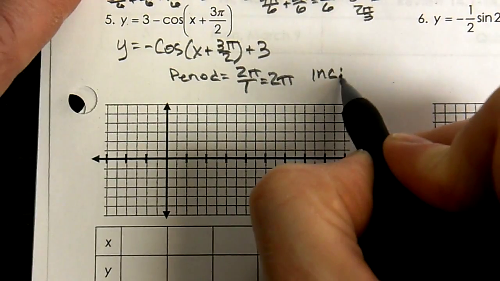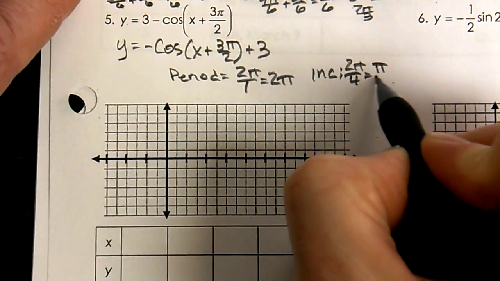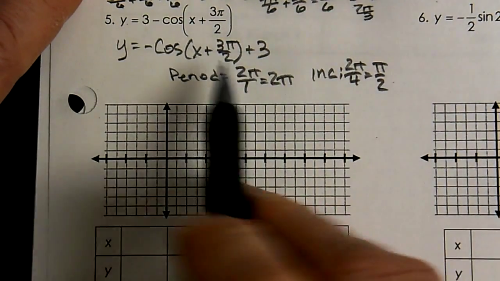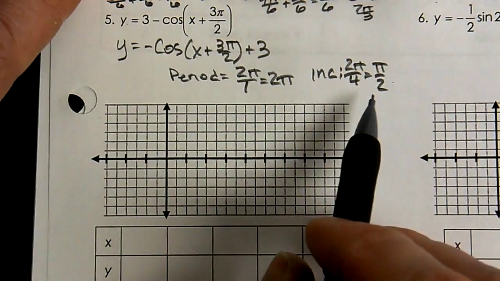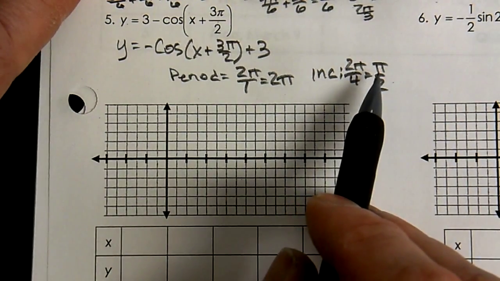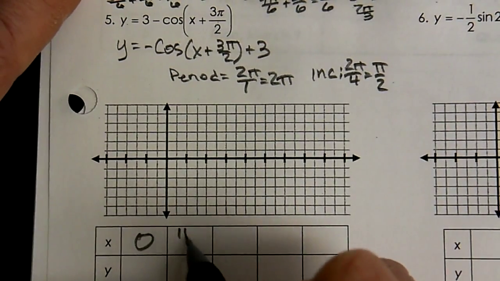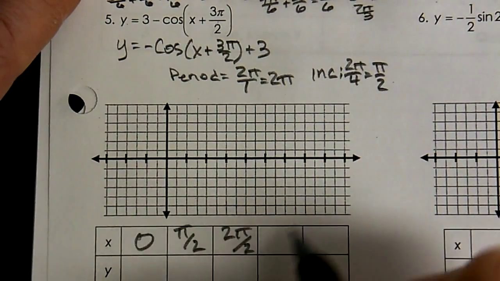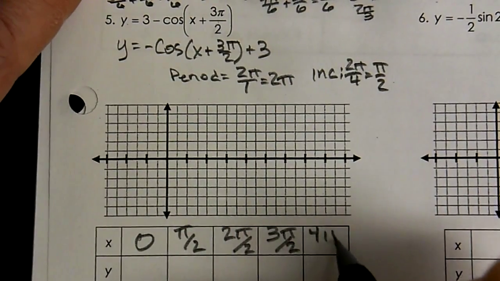So our increment is 2 pi divided by 4, which is pi over 2. When we translate over 3 pi over 2, that works very well with our increment of pi over 2. So we have 0, pi over 2, 2 pi over 2, 3 pi over 2, and 4 pi over 2.